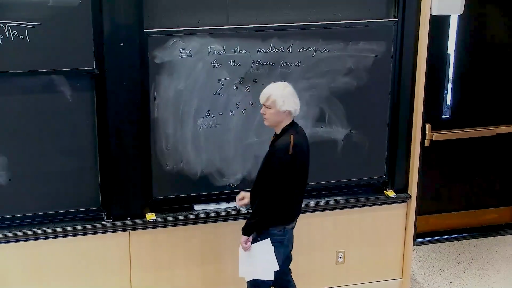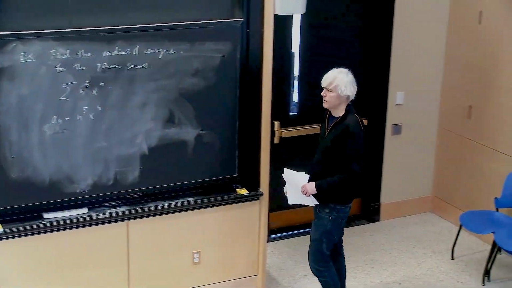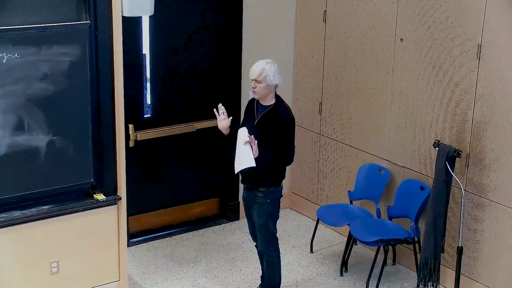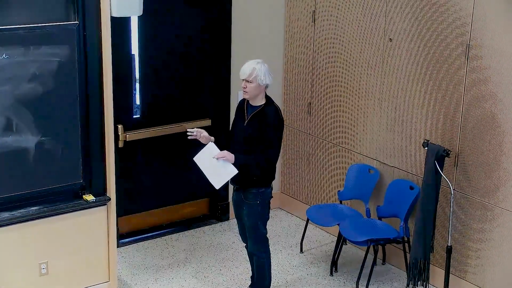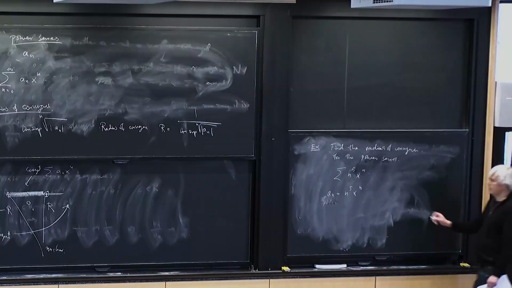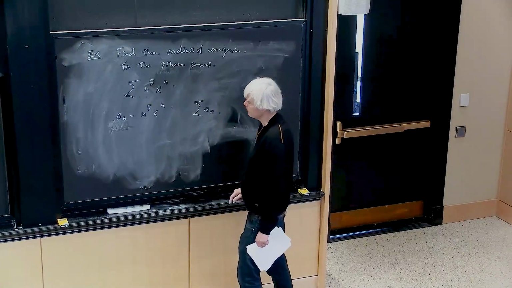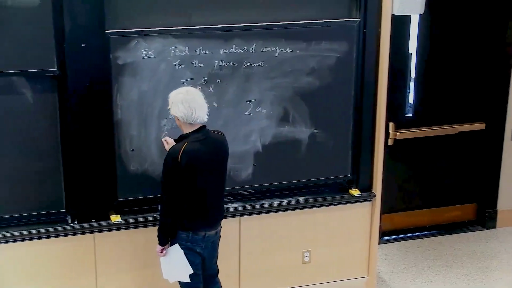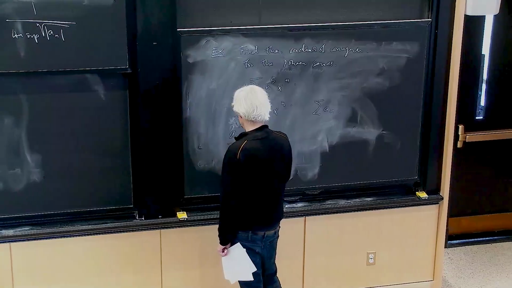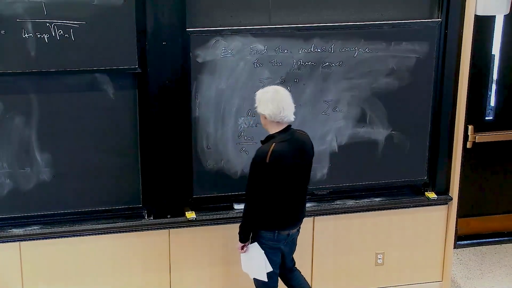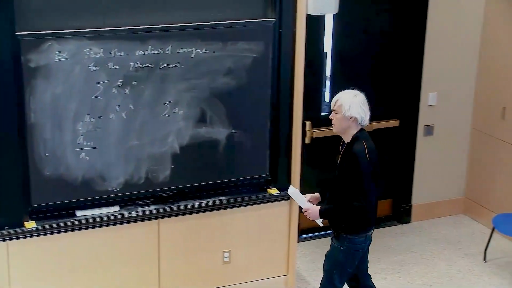Think about x as being fixed, and for a given x, you want to determine whether the series is convergent. In this case, you might find it slightly easier to use the root test.